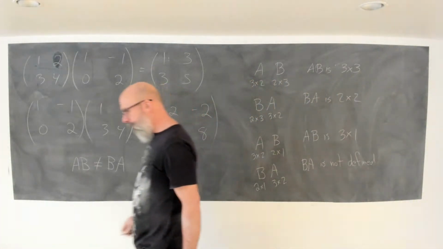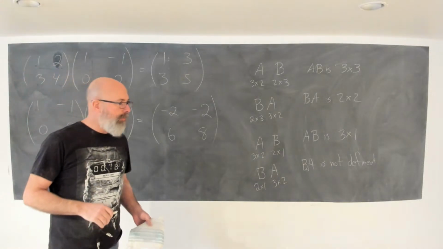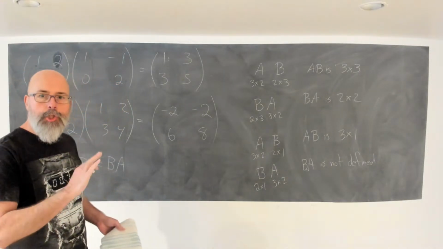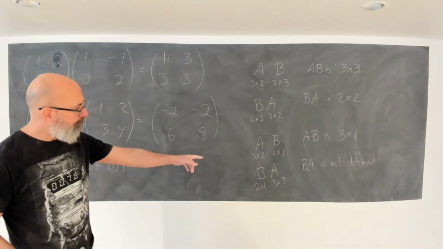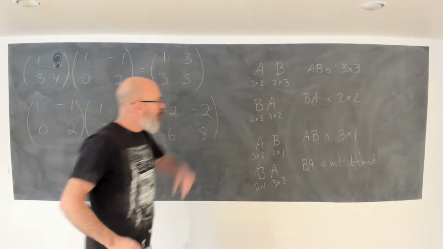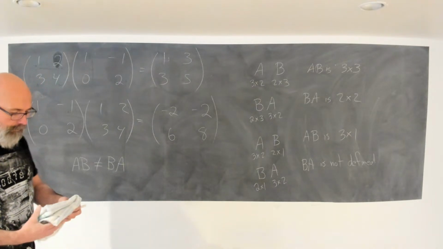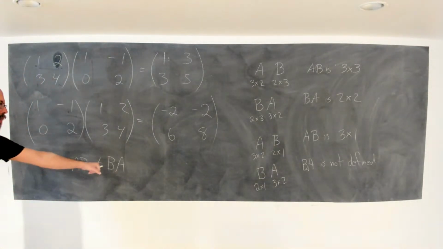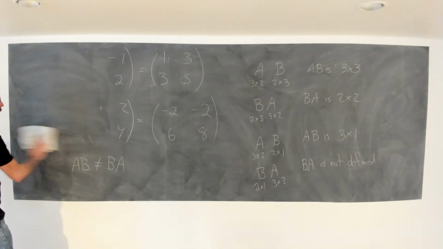So that's very interesting, right? This is the first case that you encounter where multiplication is not commutative. It matters very much which way you multiply two matrices. AB is not the same as BA in most cases.